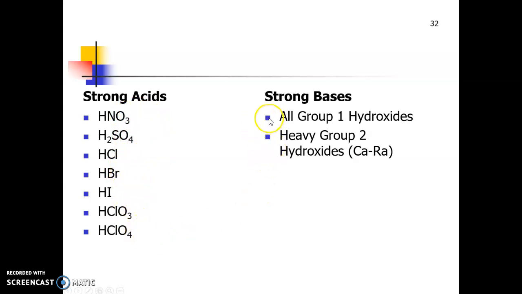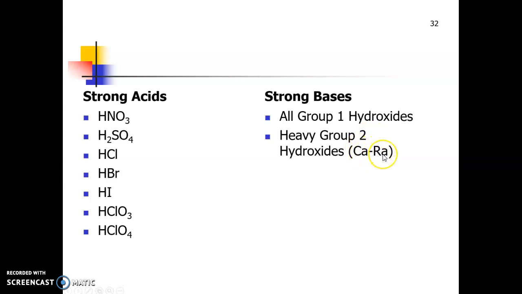Alright, so the strong bases. If you want to get in a fight with a chemist, start talking about which bases are strong. We'll agree everything in group 1 is a strong base, and then the ones that dissolve well in group 2 are the calcium through radium, the heavy ones. And there's some people that will say calcium hydroxide is a strong base, and some people will say it doesn't dissolve very well.